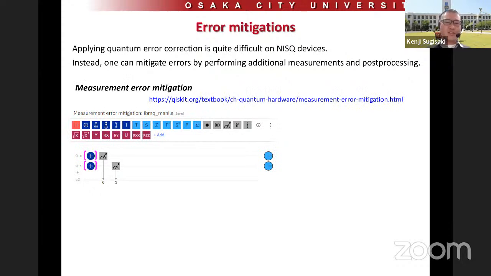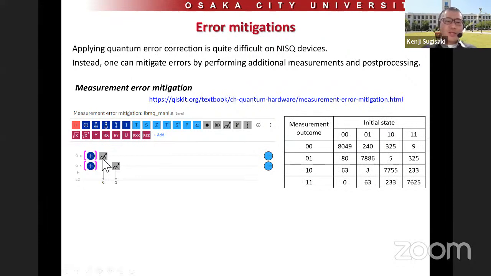My example is measurement error mitigation. The detail is described in the QPE web page. Let's think about the situation with measurement error. Measurement error means we can obtain the 1 state although the quantum state is, for example, in the 0 state.